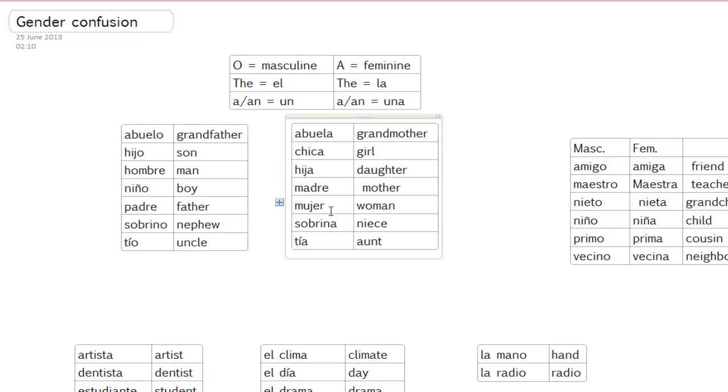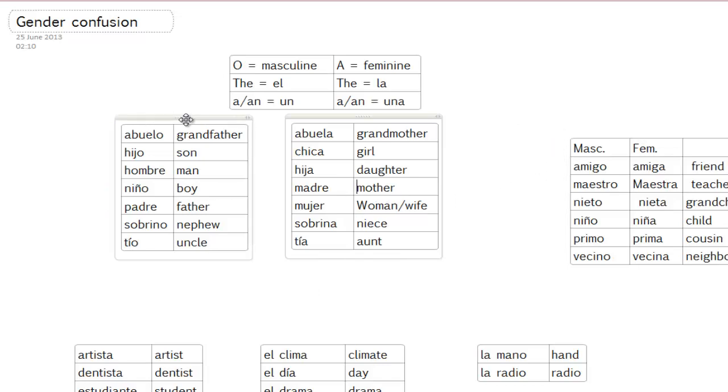La madre, la mujer, a woman. And this, in Spain, not in South America, does also mean wife. So go figure that out. Sobrina, la sobrina, niece, and la tía, aunt. Okay, so anything that's a womanly type and a male type is going to be like that.